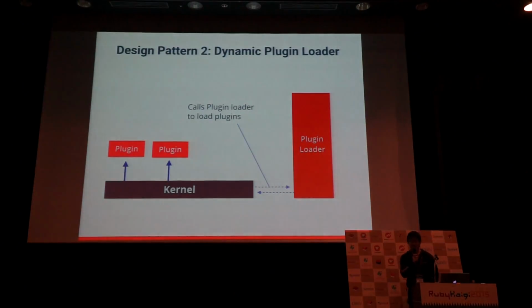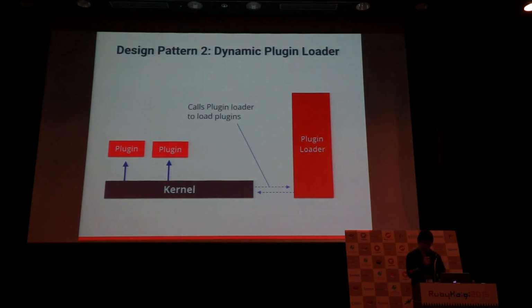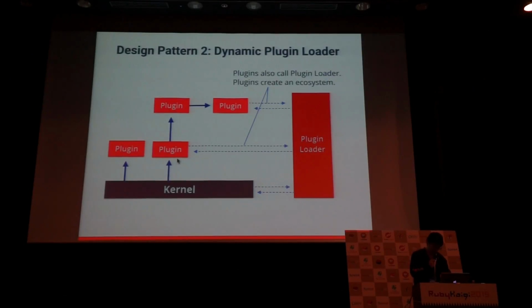And I think another idea is to do dynamic plugin loading. In this idea, there's a thin kernel, and there's another component called plugin loader. Then the kernel asks this plugin loader to instantiate a plugin. Then this plugin also talks with the plugin loader to create another plugin. Eventually you will get a network of plugins.